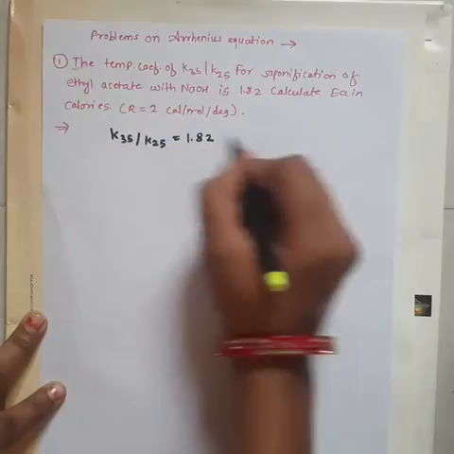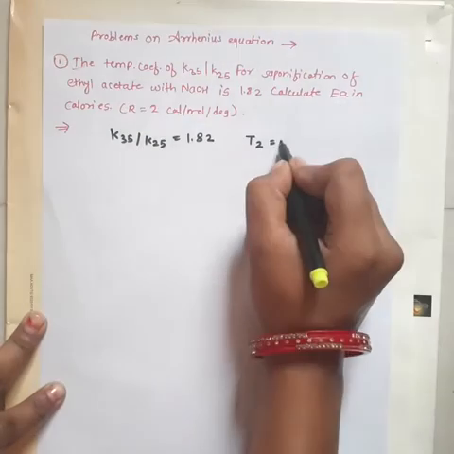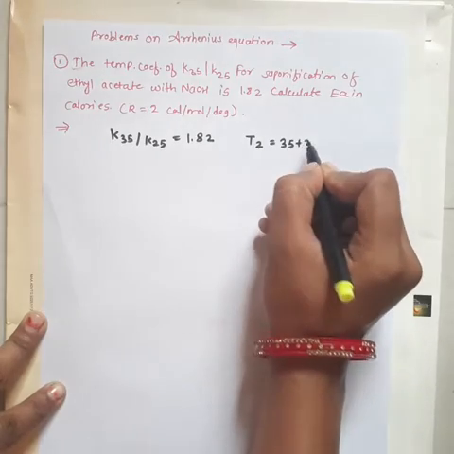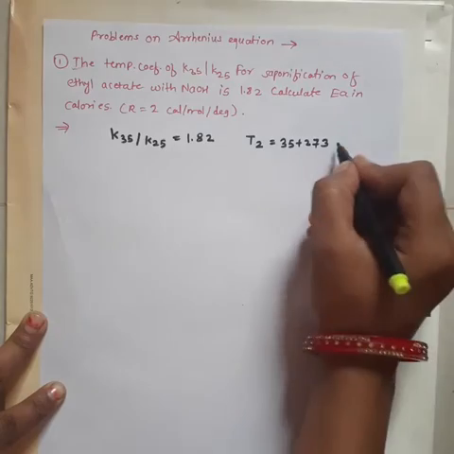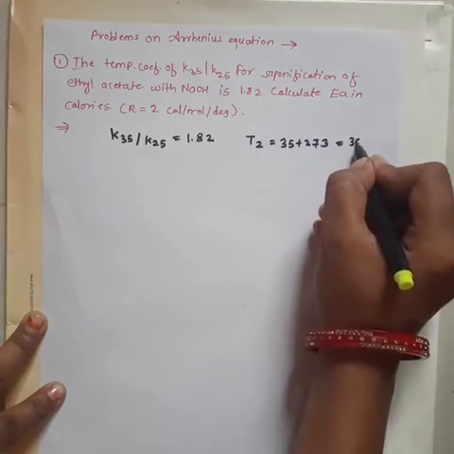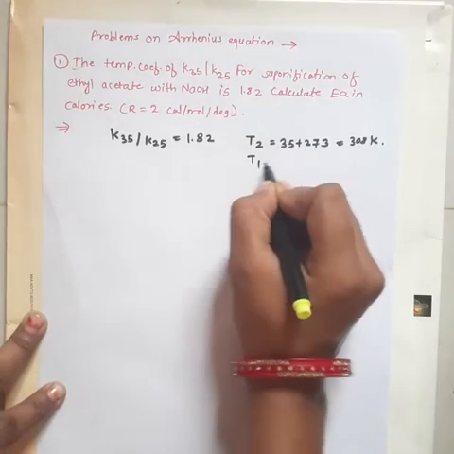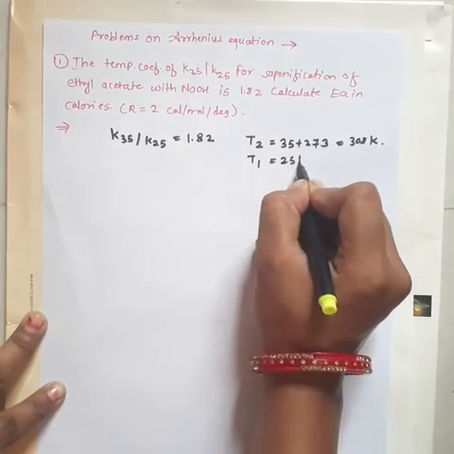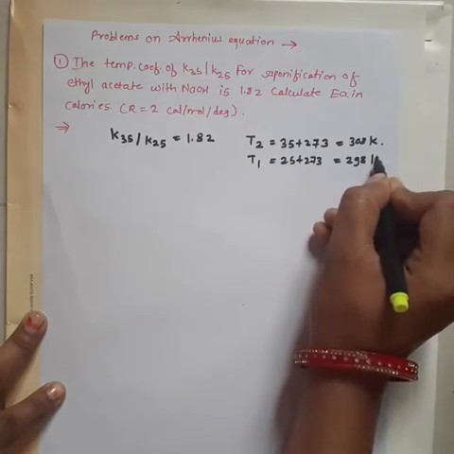So T2, the higher temperature, is 35 plus 273, that is 308 Kelvin. And T1 is 25 plus 273, that is 298 Kelvin.